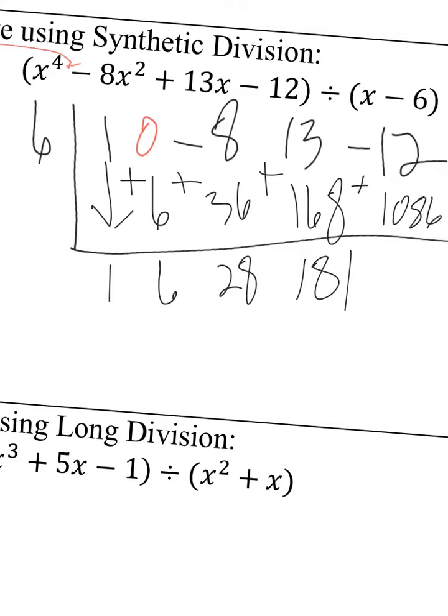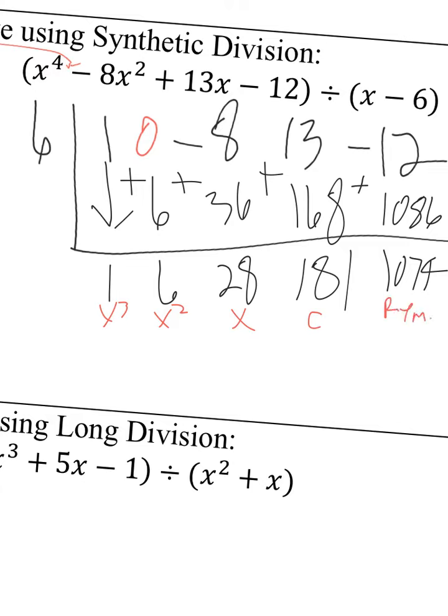All right, 1086 plus negative 12 is going to get me 1074. So everything goes down by a power. This is my x to the third column, this is my x squared column, this is my x, this is my constant, and this is my remainder.